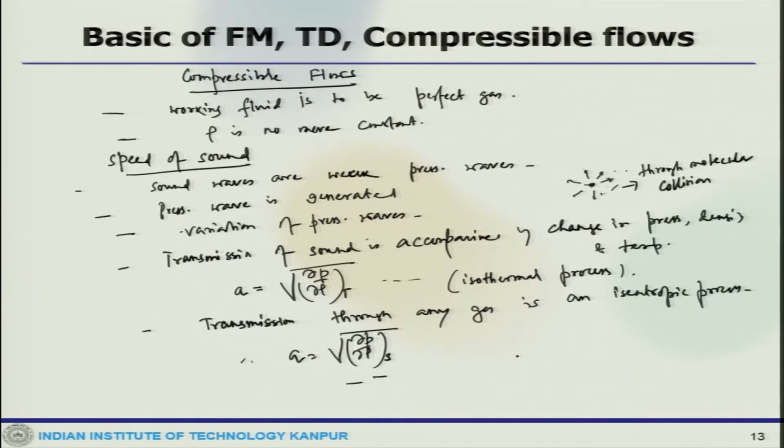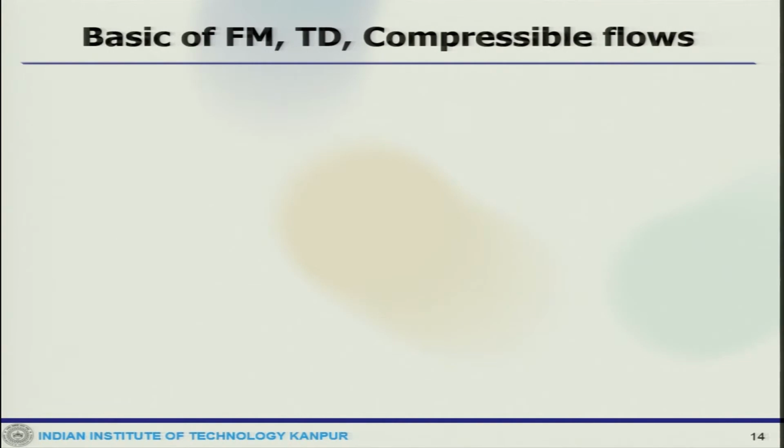Now, since this process is isentropic, we can write that P by rho to the power gamma is constant, let us say C. So, this is P rho to the power minus gamma equals C. Now, differentiating this expression with respect to density, we get minus gamma plus 1 P plus 1 by rho to the power gamma dP by d rho, which is 0.